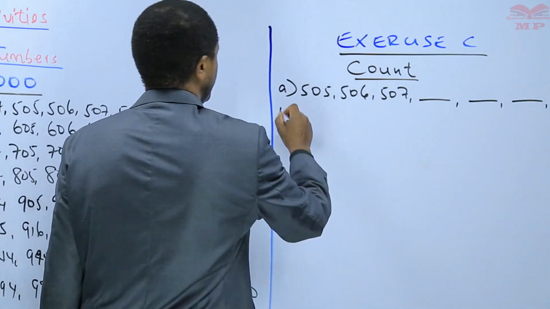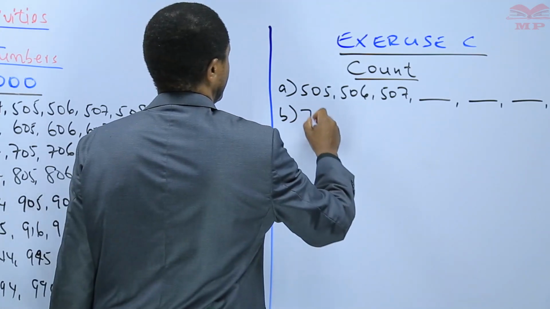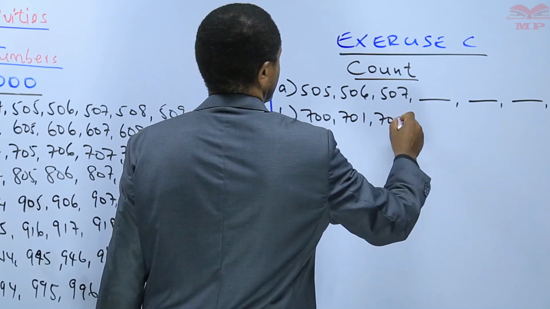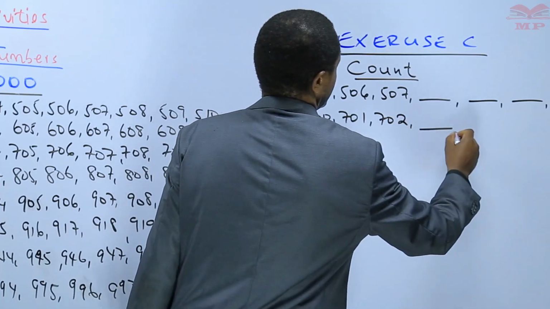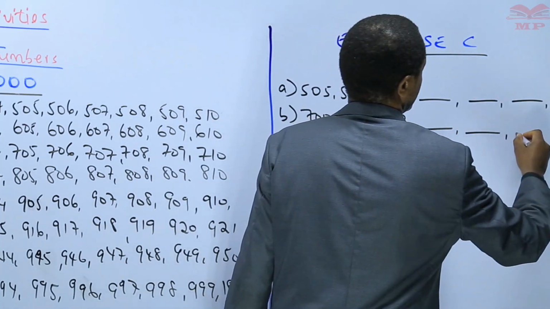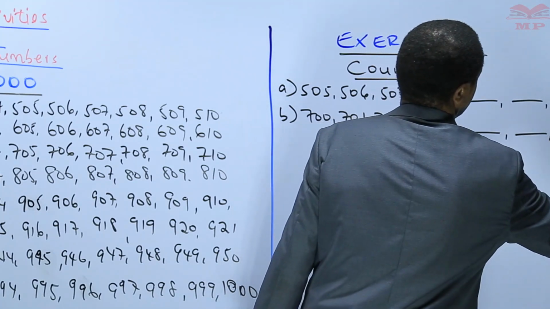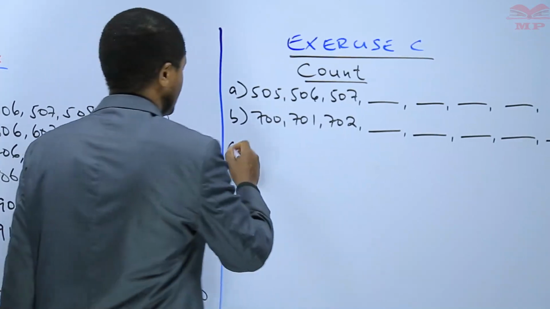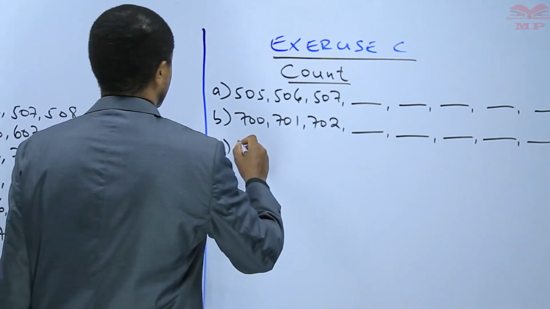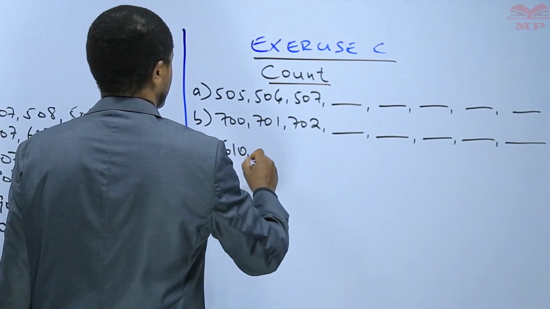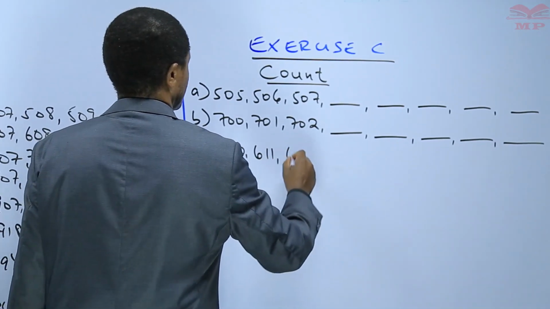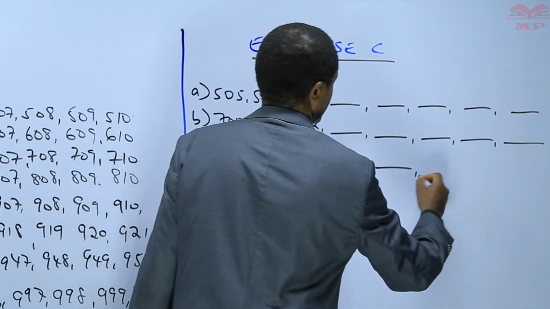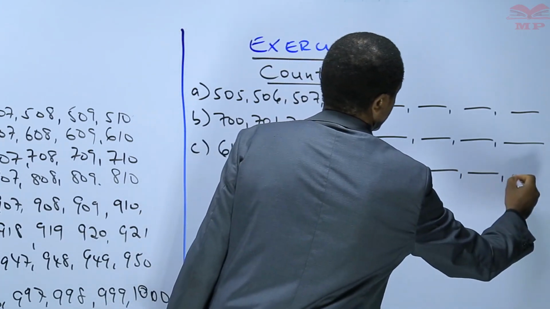B, I have 700, 701, 702, then dash, dash, dash, dash, dash. All right. Then C, learners, I have 610, 611, 612, then you have dash, dash, dash, dash, dash.